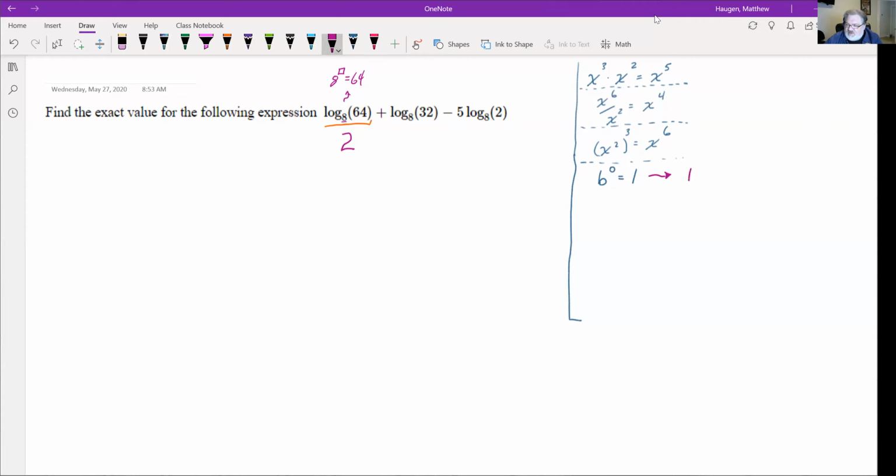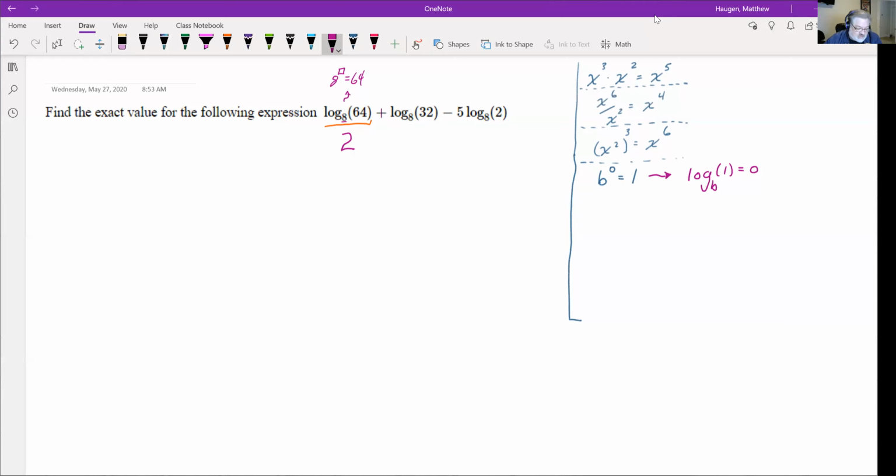It tells us that log base b of 1, no matter what that b is, b to what power makes a 1? 0. So since we know b to the 0 is equal to 1, we know that log base b of 1 has to always equal 0.